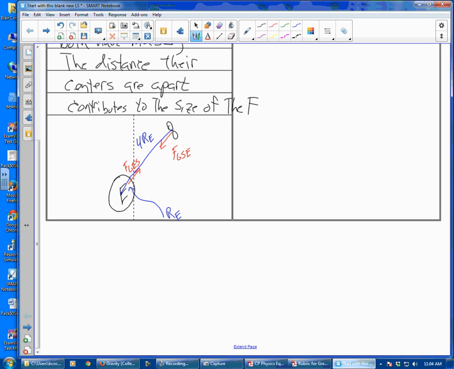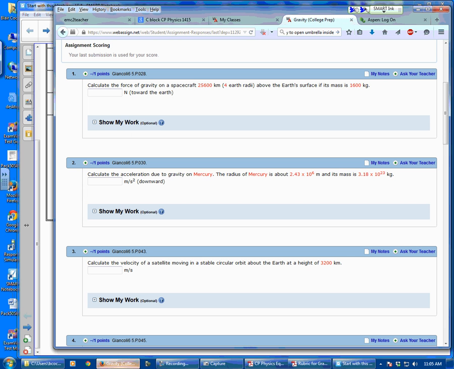So how far apart are the centers? In my case, 5, because from the center of the Earth to the edge is 1, and then from the surface to the satellite for me is 4 more. You probably have different numbers, right? Because if I look, that number's in red.